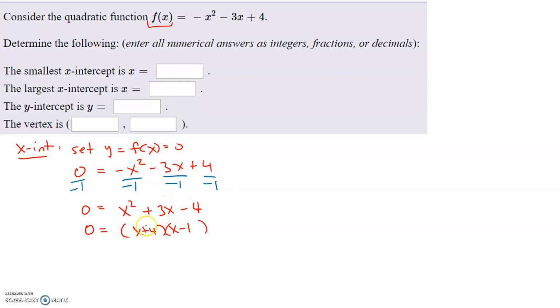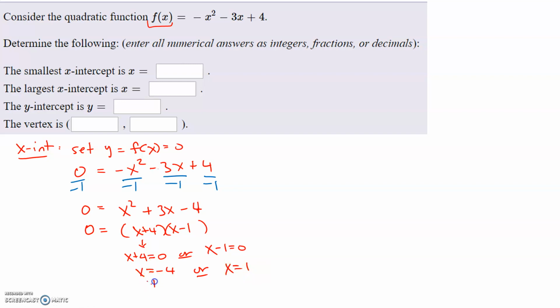So now by the zero product property, if this product equals 0, then either x plus 4 must be 0 or x minus 1 must be 0. And that gives you x equals negative 4 or x equals positive 1. So there are two x-intercepts, negative 4 and positive 1.